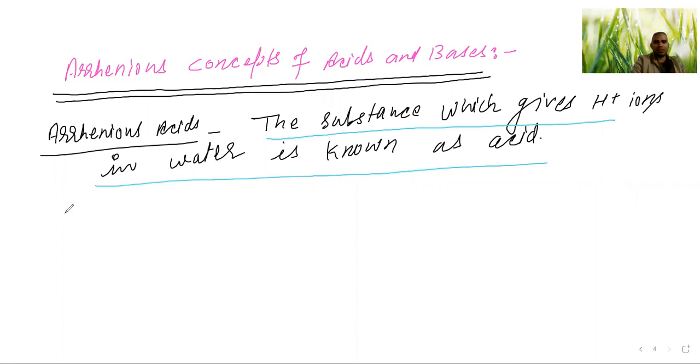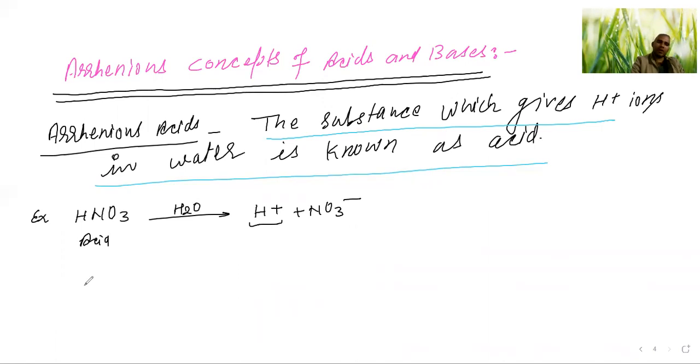See an example. Suppose I have HNO3 and I am dissolving the substance. It will give H plus and NO3 minus ions. Since it is giving H plus ion, this is going to be an acid.